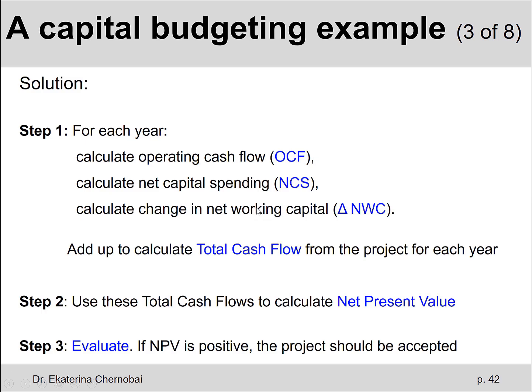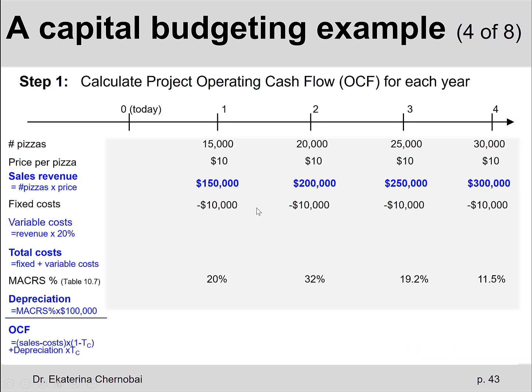So we can look up the table that shows how much of the asset's value is lost, or what the depreciation is during each year of the product's life. And the percentages under MACRS are not the same as would be the case for the straight line depreciation. It will be a different percentage, right? A different fraction of initial value that is lost due to depreciation in each year.